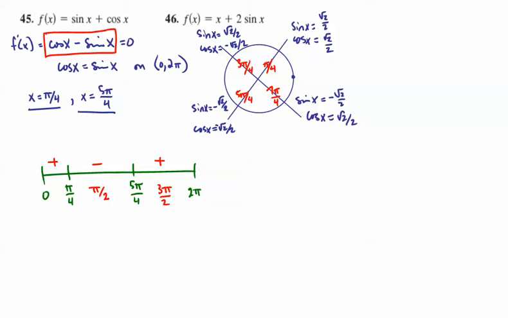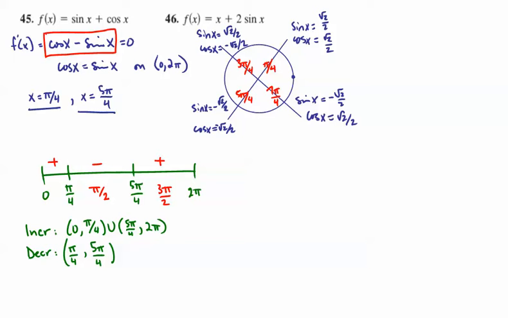And so we can tell that our function is increasing from 0 to pi over 4, decreasing from pi over 4 to 5 pi over 4, and increasing from 5 pi over 4 to 2 pi.